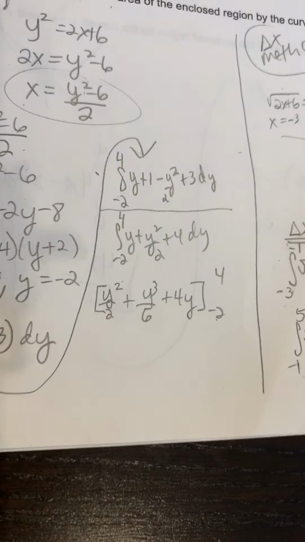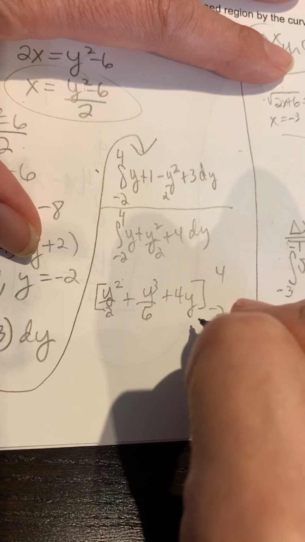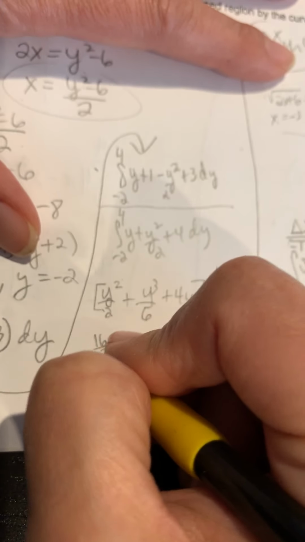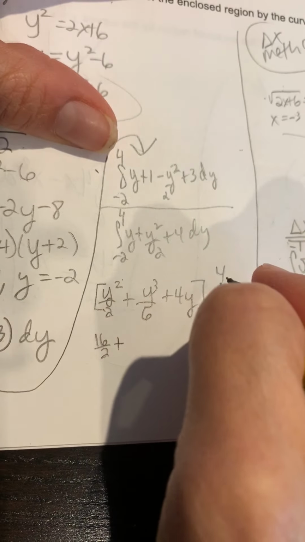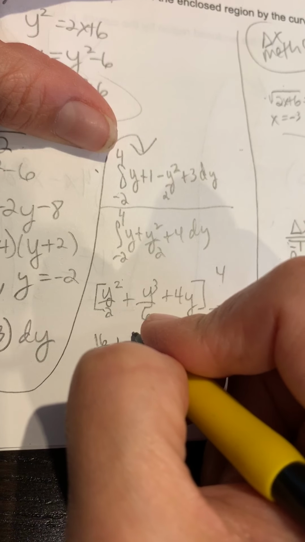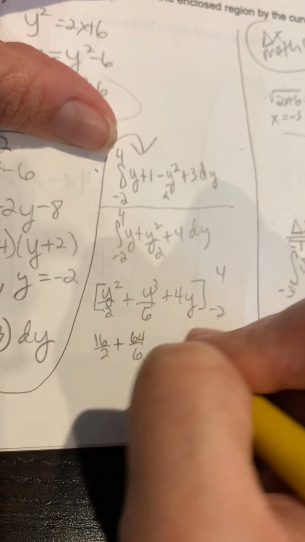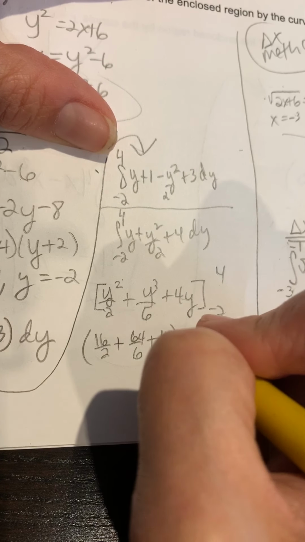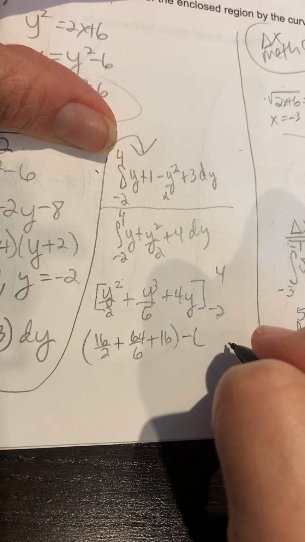Okay. And then plug in the 4. So that's 16 over 2 plus 64 over 6 plus 16, minus, and you plug in the -2.